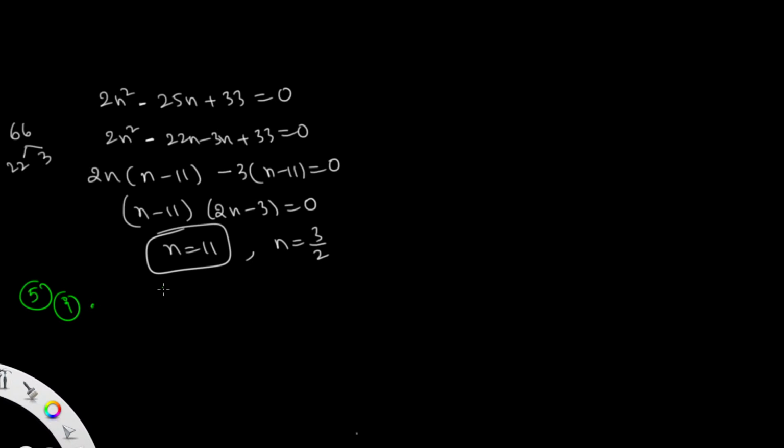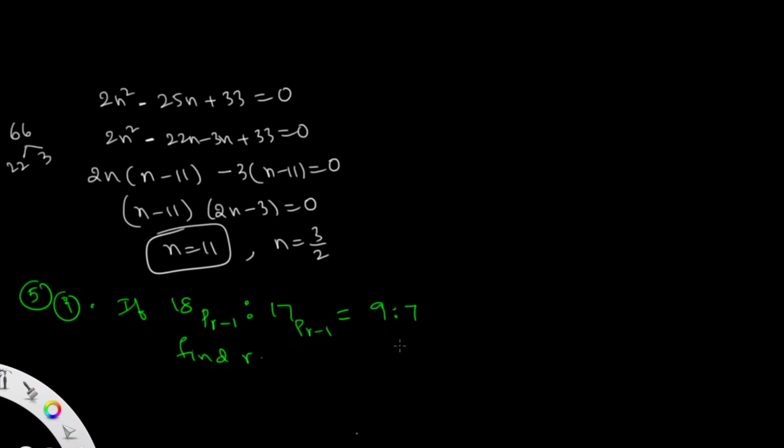If 18 P r minus 1 is to 17 P r minus 1, that is the ratio given, equal to 9 is to 7, then find r. So 18 P r minus 1 is to 17 P r minus 1 equal to 9 is to 7.